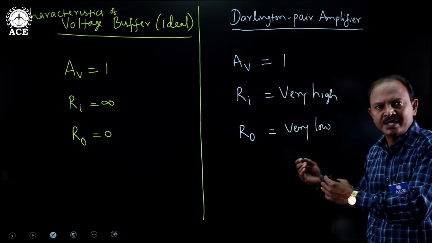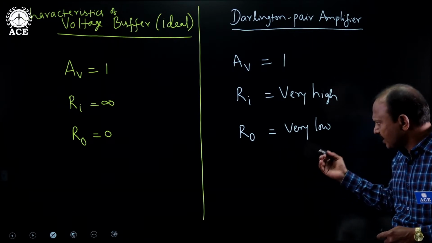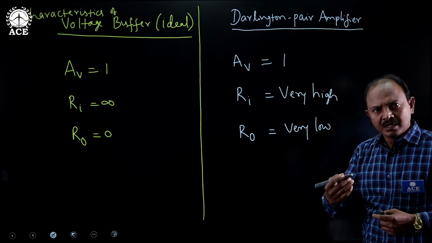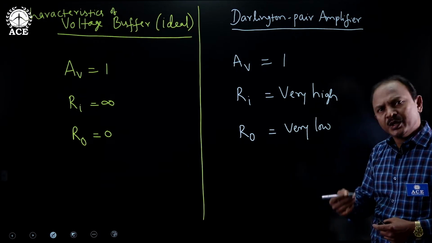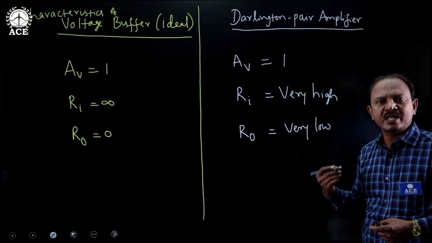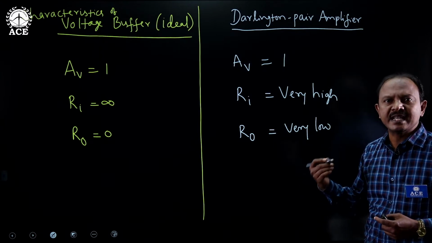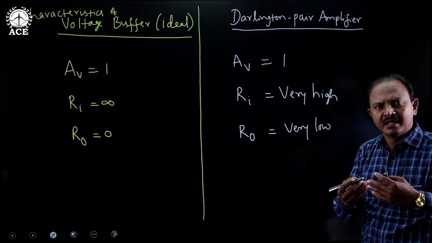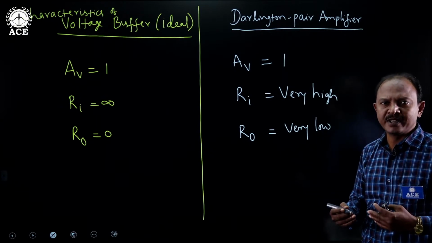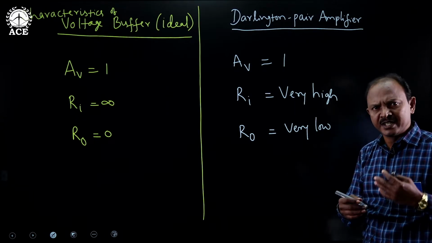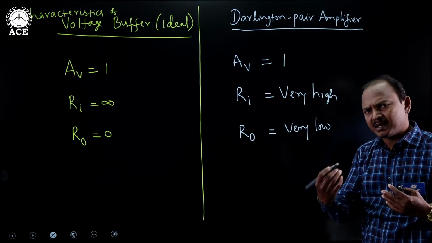I hope you understand, students. By following the same procedure, you can analyze the two-stage RC coupled amplifier. You can also analyze the CE-CB cascode amplifier. These are the three important multi-stage amplifiers in every university syllabus, whether it is JNTU Hyderabad or other universities.